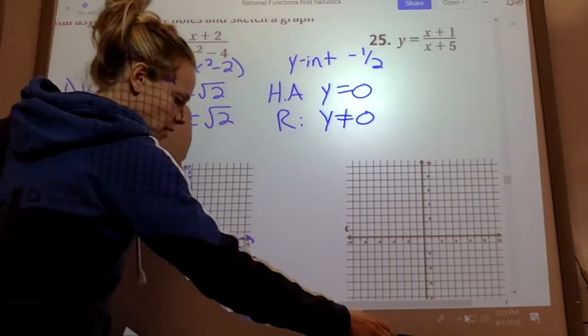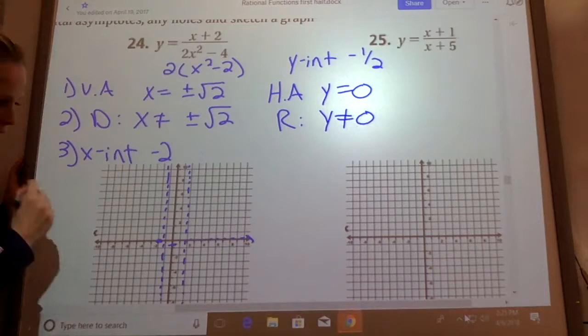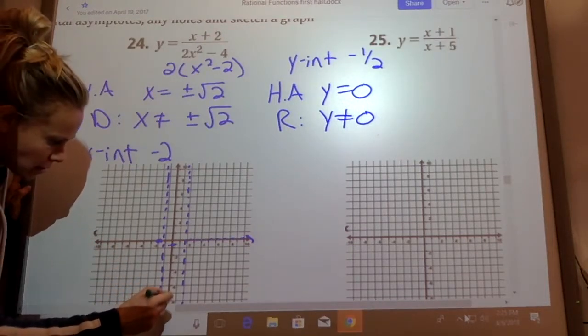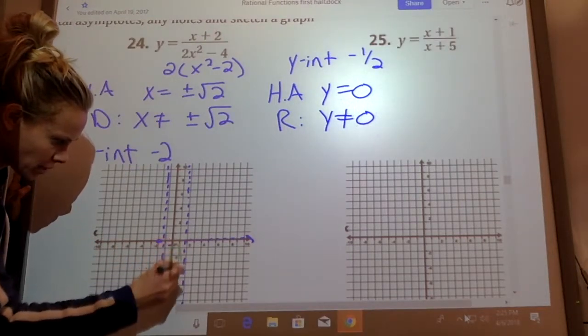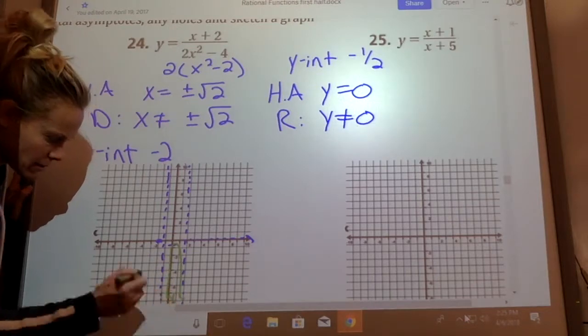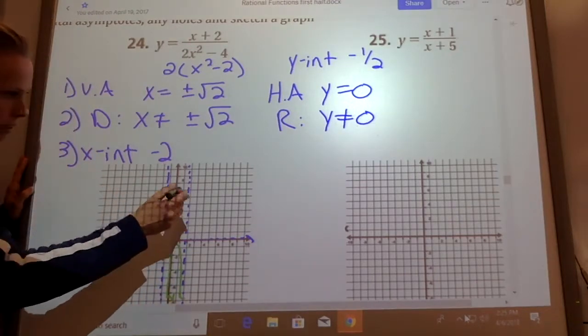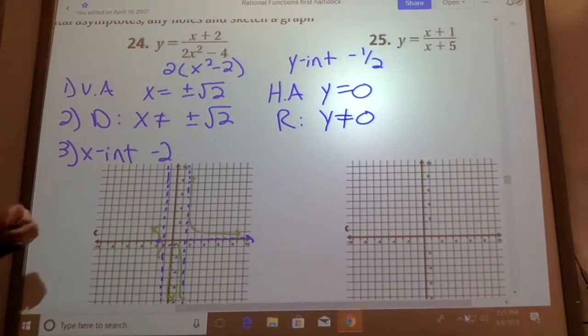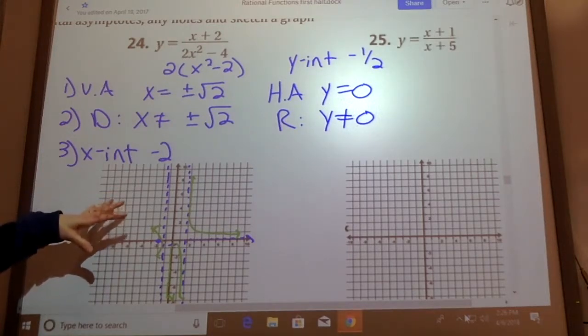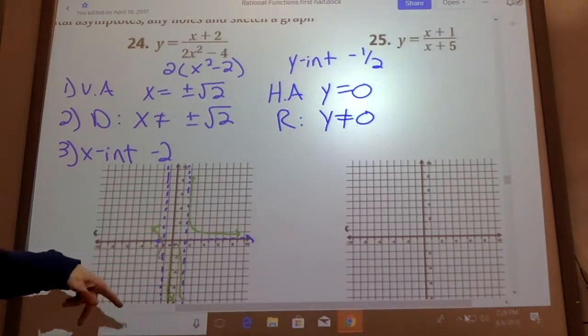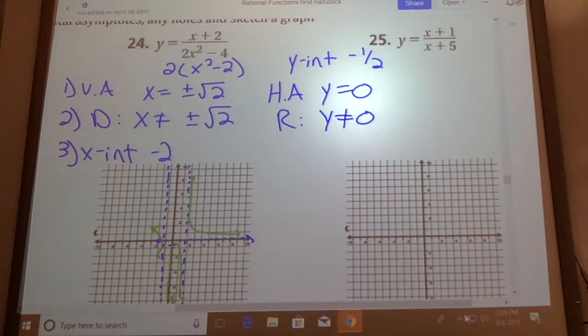So if you graph this on a graphing calculator, you get this kind of curved thing like this. So if you just use your graphing calculator and just sketch it in, it doesn't have to be exact, but it's going to look something like that because we have more than one asymptote.